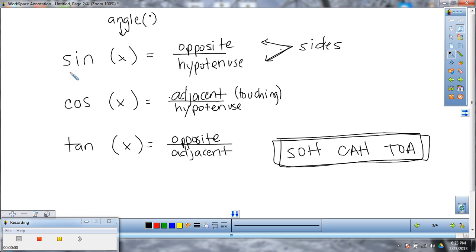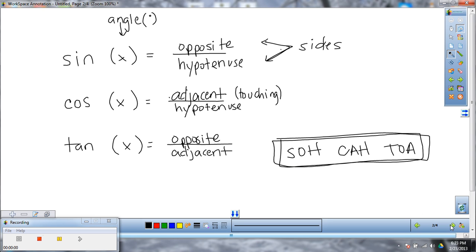S stands for the sine, and O and H are the ratio, opposite over hypotenuse. So if you just remember SOH, you remember the sine ratio. CAH is the cosine ratio, cosine, which is adjacent over hypotenuse, and TOA is the tangent ratio, opposite over adjacent. So this is just a shortcut for all of this information here. So remember SOHCAHTOA, and you have all of your trig ratios.